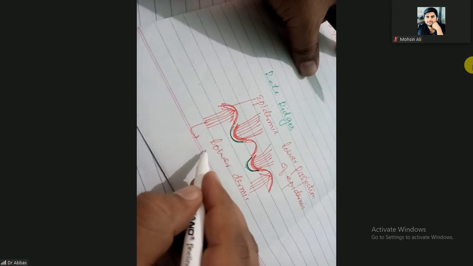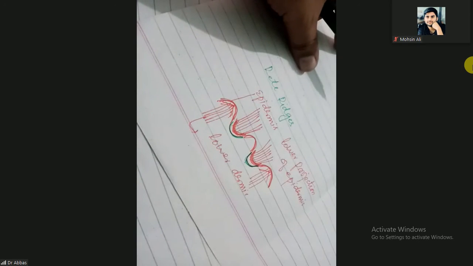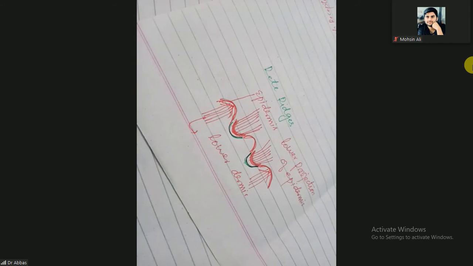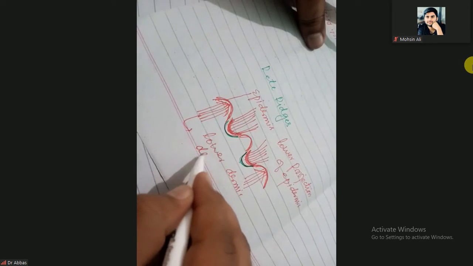The upward projections of the dermis are the dermal papillae. So I think it should be clear.